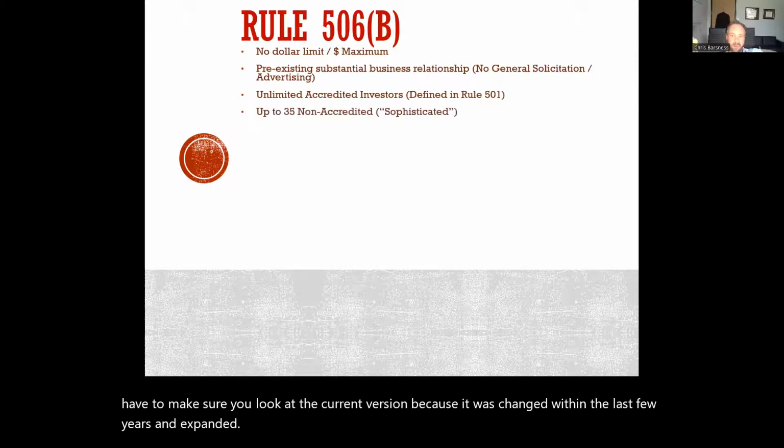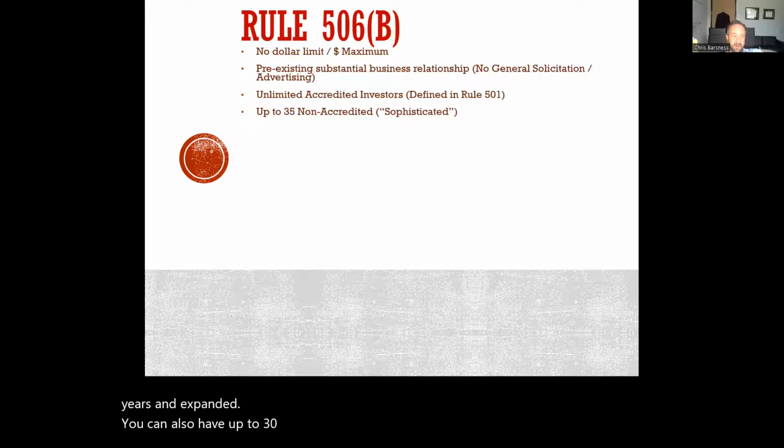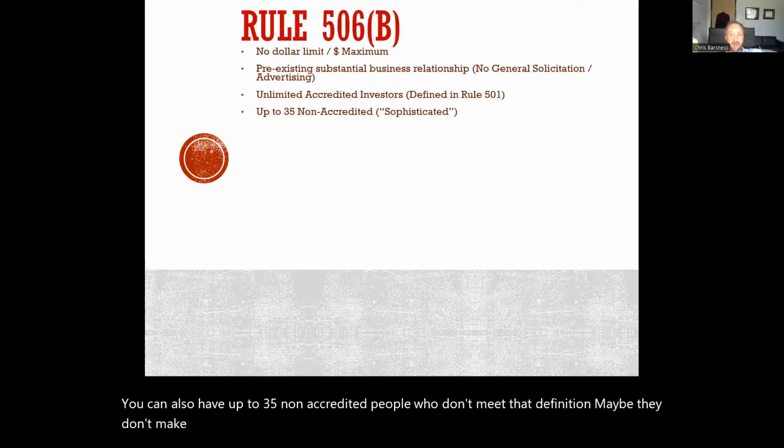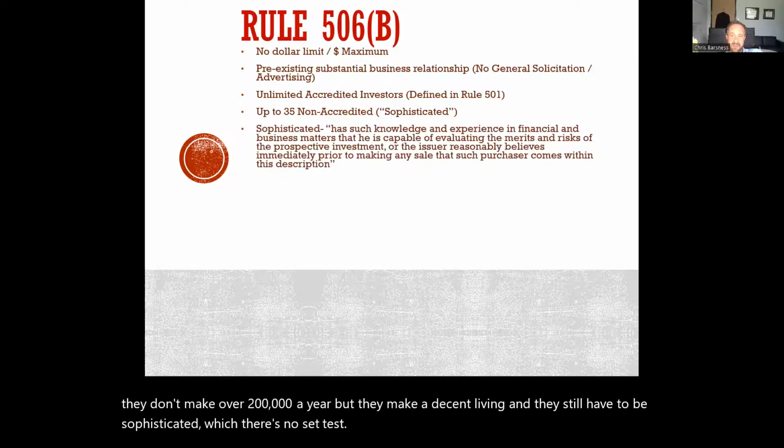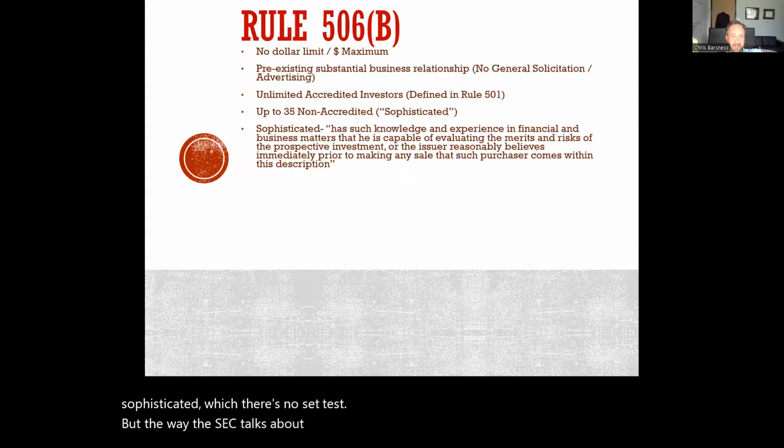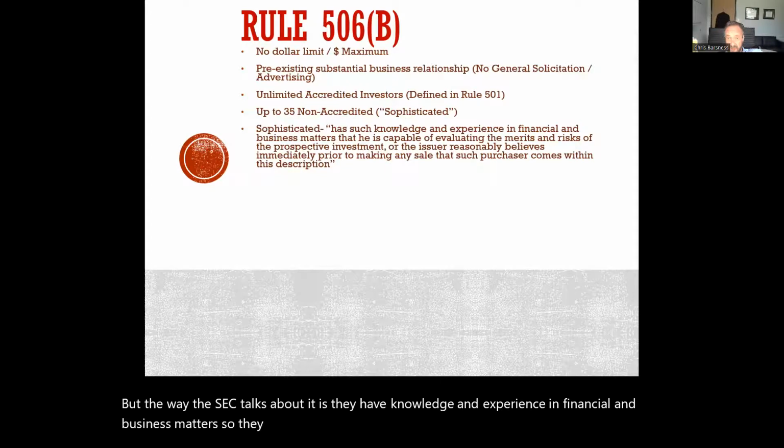You can also have up to 35 non-accredited people who don't meet that definition. Maybe they don't make over $200,000 a year, but they make a decent living. They still have to be sophisticated, which there's no set test. But the way the SEC talks about it is they have knowledge and experience in financial and business matters, so they can evaluate the risks of an investment.